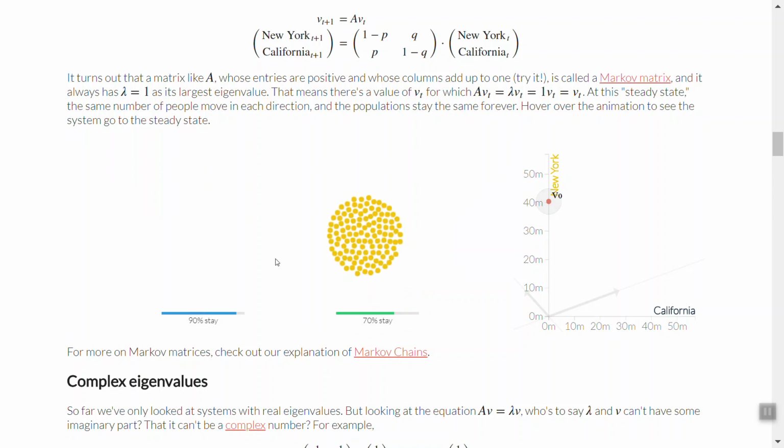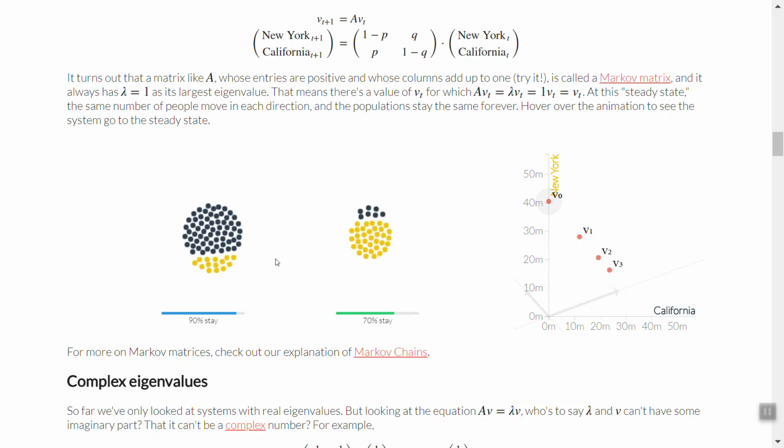So about 30% come and become California, and about 10% of those go back to New York, and we see that it keeps switching around until we reach a point where the same number that leave enter, okay?